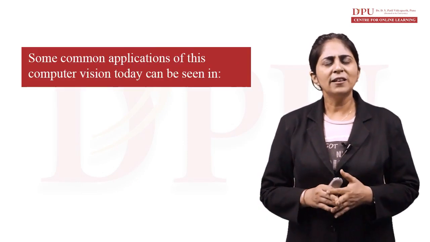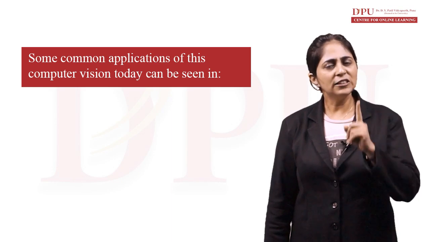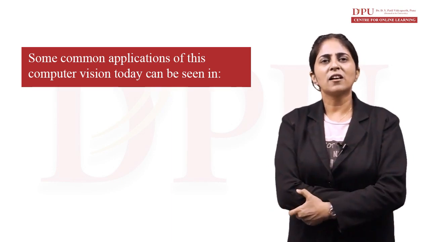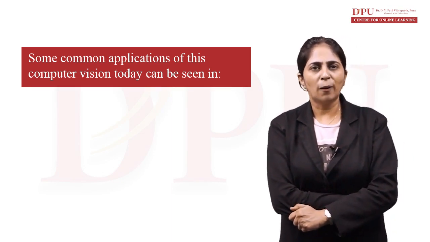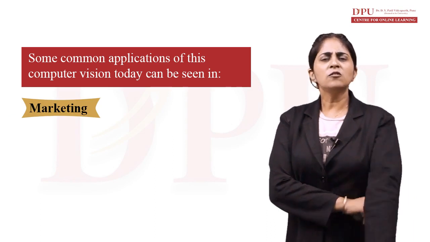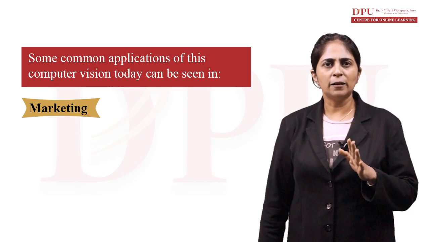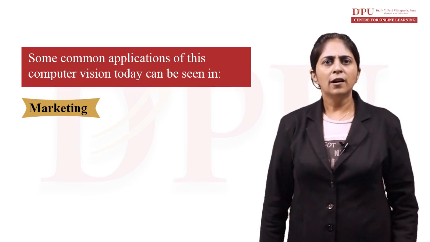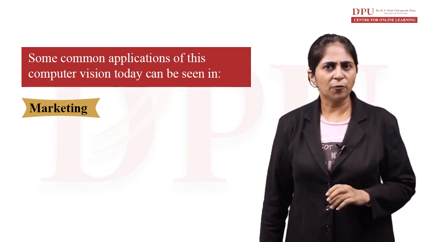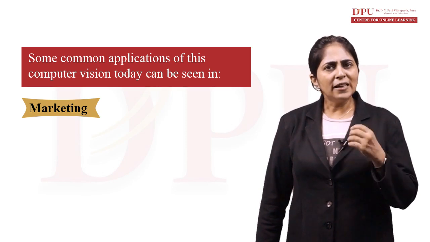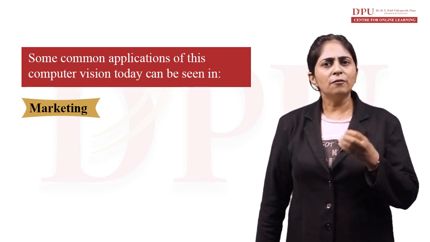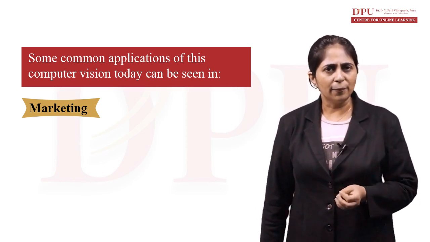Some common applications of computer vision seen today: first of all, marketing. Today, social media platforms provide suggestions on who might be in a photograph that has been posted on a profile, making it easier to tag friends in photo albums.